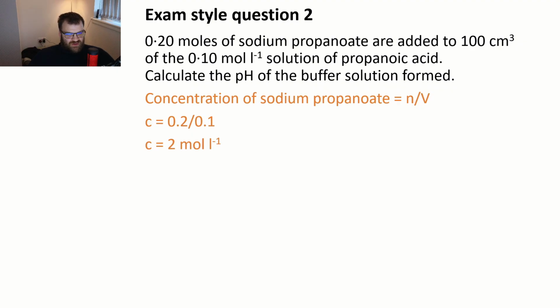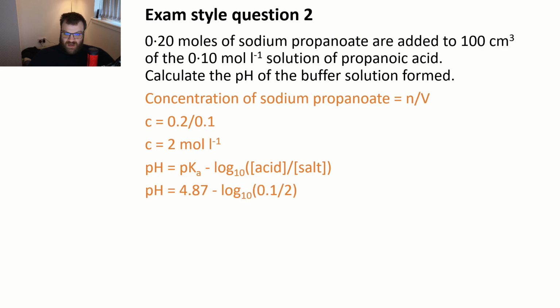That gives you a concentration of 2 moles per litre. We can then go straight to pKa minus log to base 10 of the ratio of acid to salt. Make sure I put it in the right way. That's going to be 0.1 over 2. Plug it into the calculator, spits out 6.17 as my answer there. So you can't put the moles in this question. We want to turn it into concentration to then put it into the relationship.